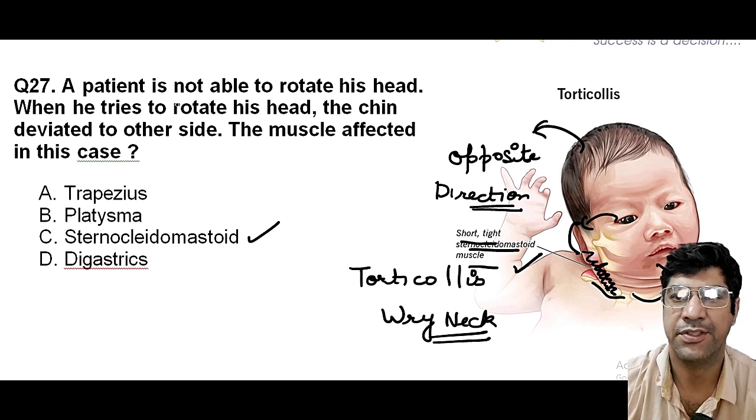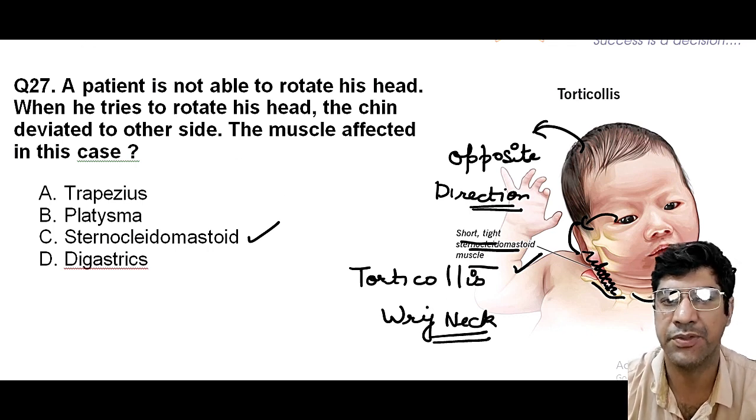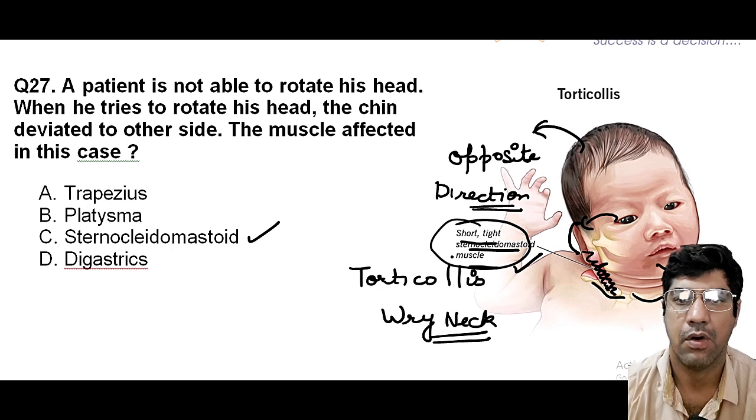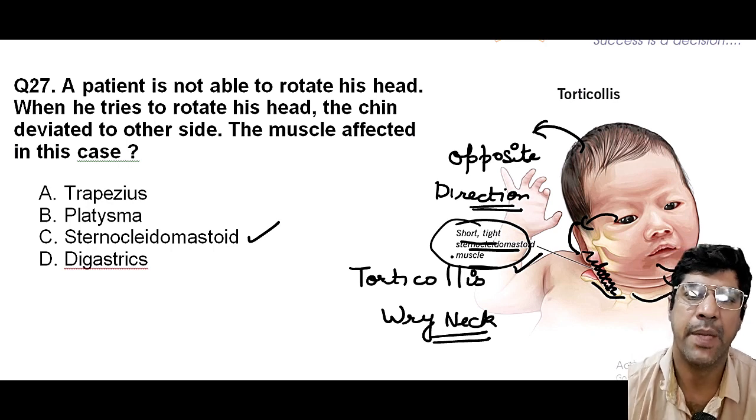So if your left sternocleidomastoid is shorter or tighter than the right one, it may cause the head to tilt and rotate involuntarily to one side.